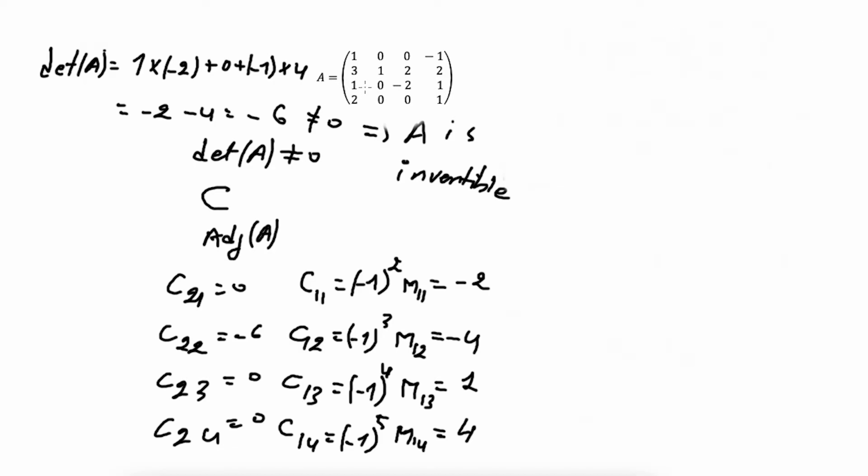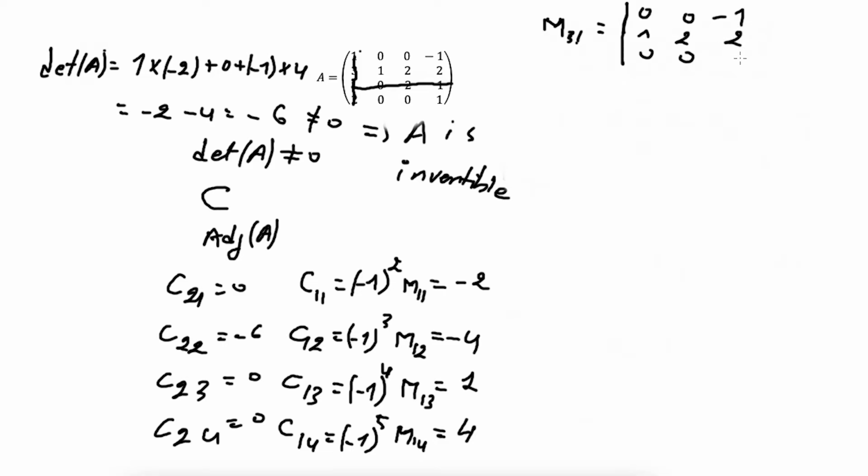So now we will compute the minors for this row. So we'll start by M31, which is the element here, this one here. So we will erase this row with this column, and the remaining matrix will be 0, 1, 0, 0, 2, 0, and minus 1, 2, 1.